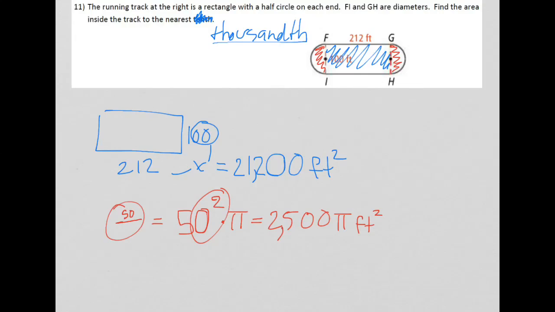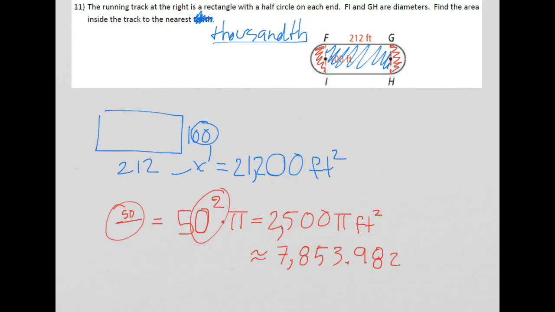So let's finish the mental math here and move into some calculator math and do 2,500 times pi. And we are going to approximate that value at 7,853.981. No, not a 1!